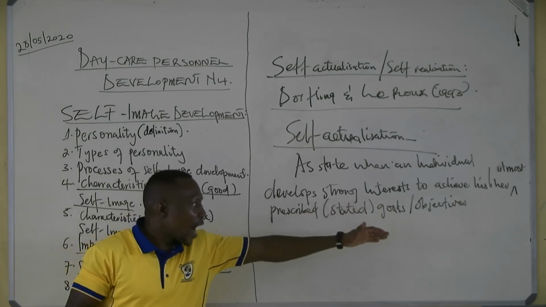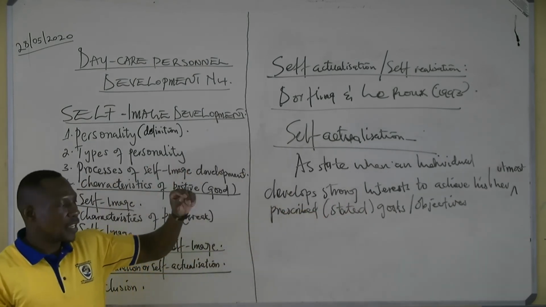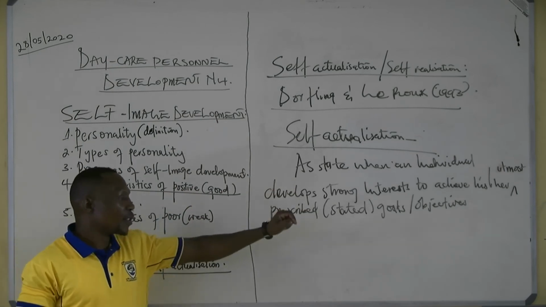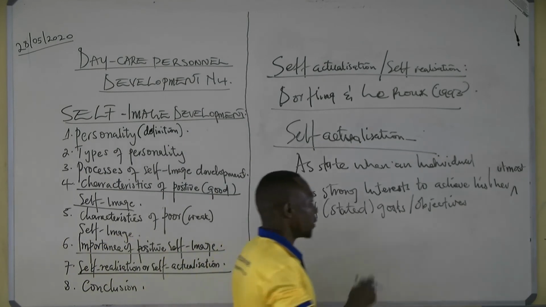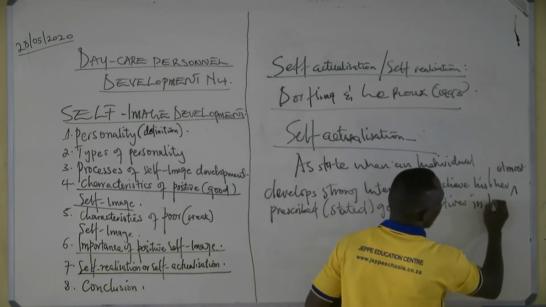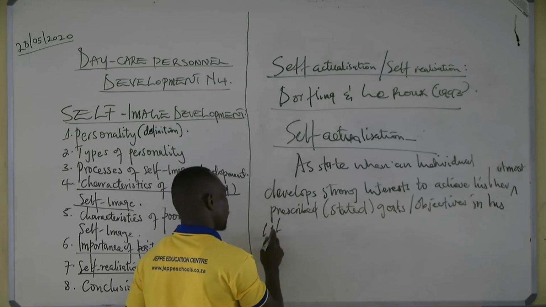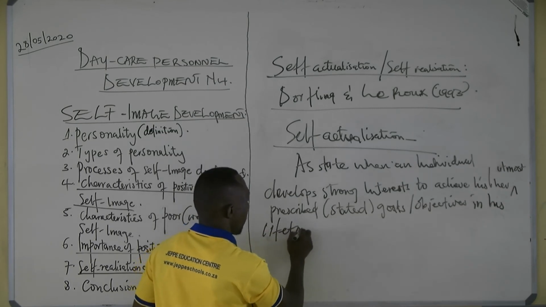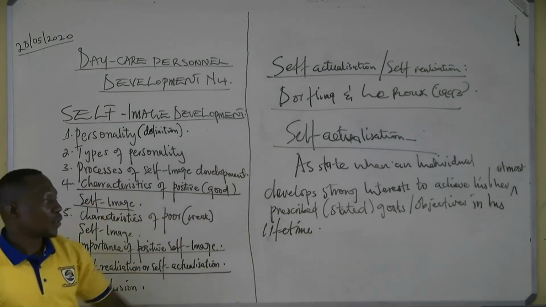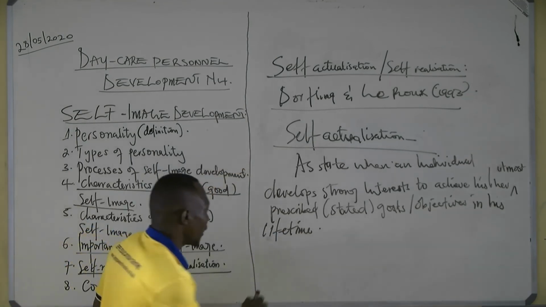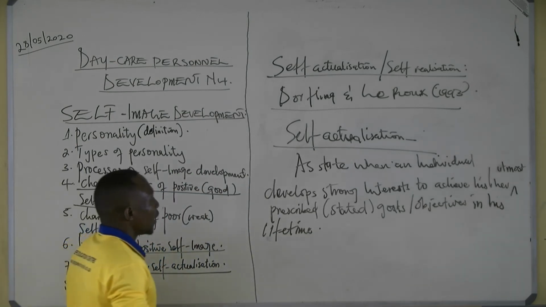So these two concepts were described as a state or a point when an individual develops strong interest to achieve his or her utmost prescribed or stated goals or objectives in his lifetime.